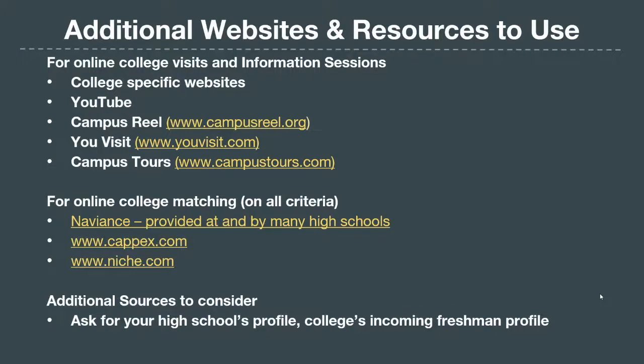So taking that a step further, just to be very clear, Naviance is a system that provides information only on the high school that your student is attending.